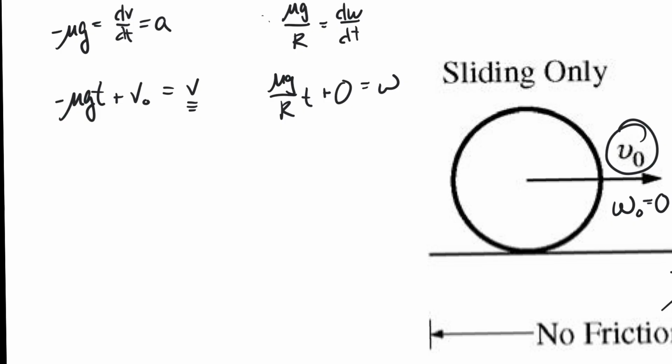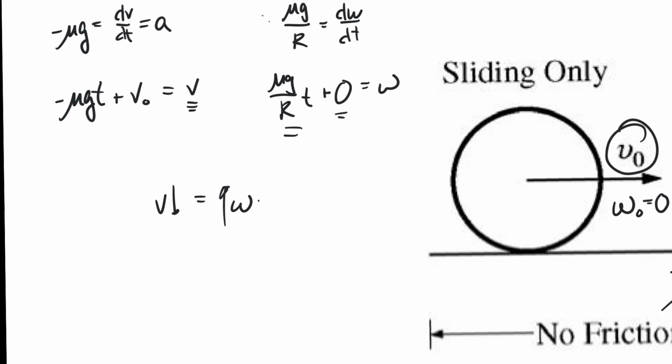And for every time after that, the velocity is becoming a smaller and smaller number until it stops, because this term is getting bigger, and that term is negative. But the angular speed starts at 0 and becomes a bigger and bigger number. So the angular speed is increasing while the linear speed is decreasing. Does that make sense to you guys?